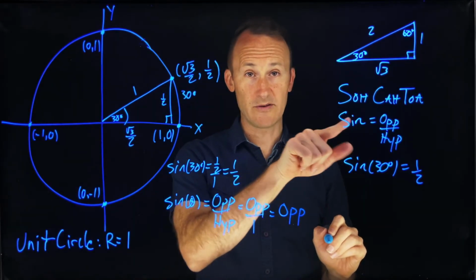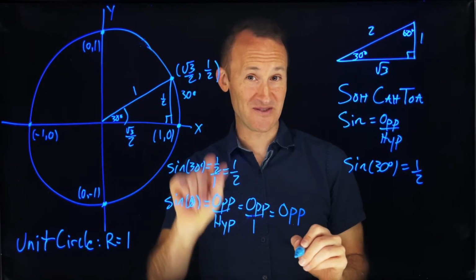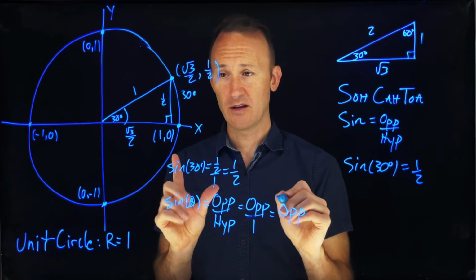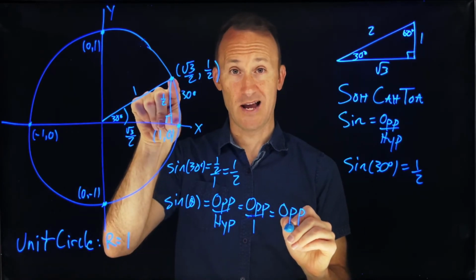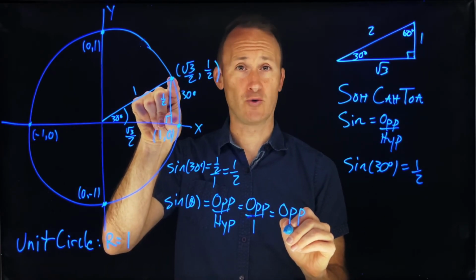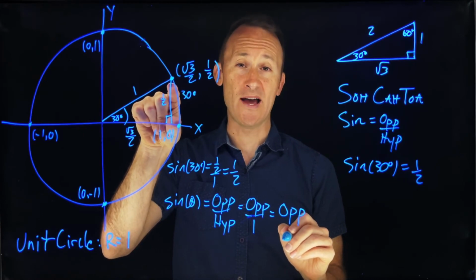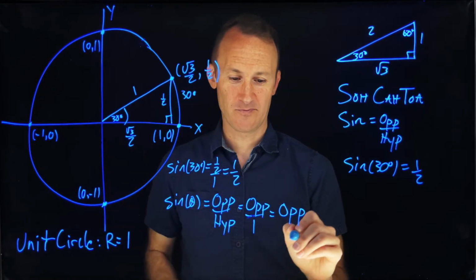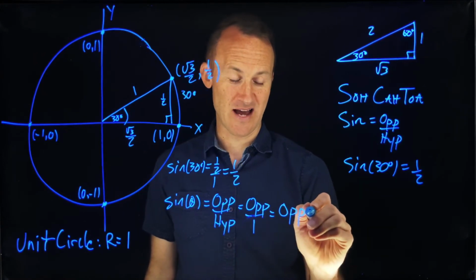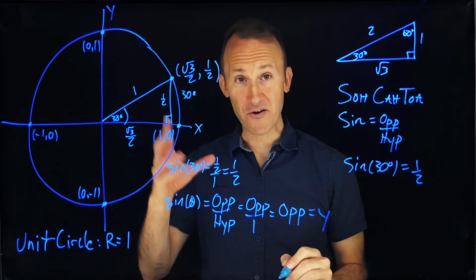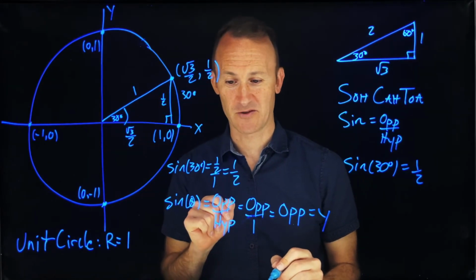So we have an evolution in the definition of sine. And furthermore, the opposite has a clear meaning here. If you look at that, that's not just some side, that is the y value of the unit circle.